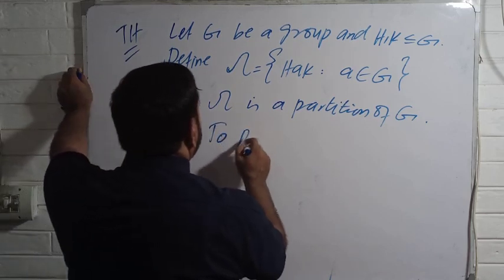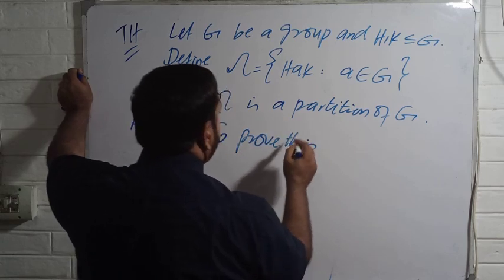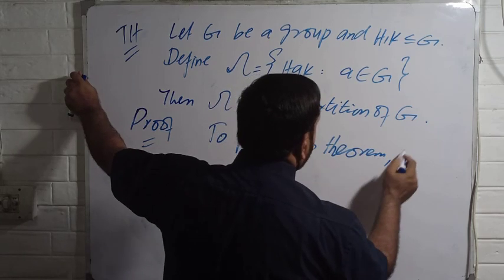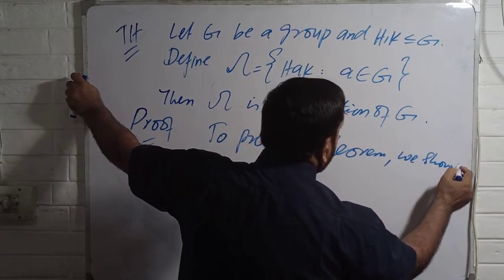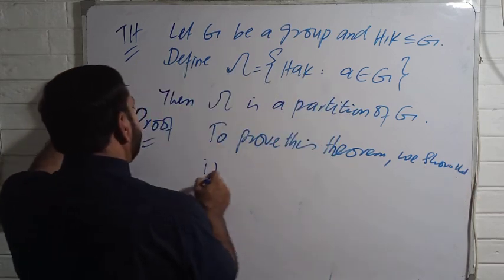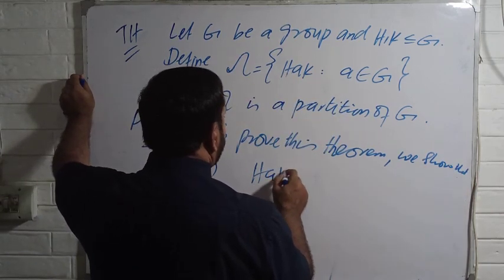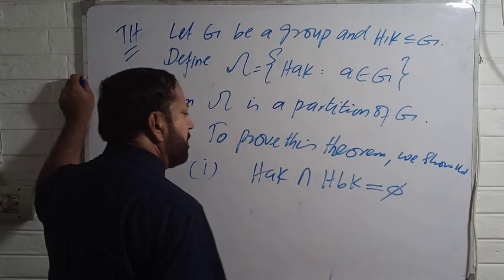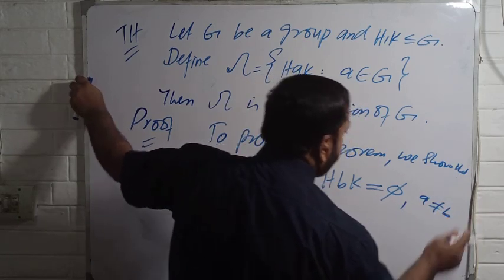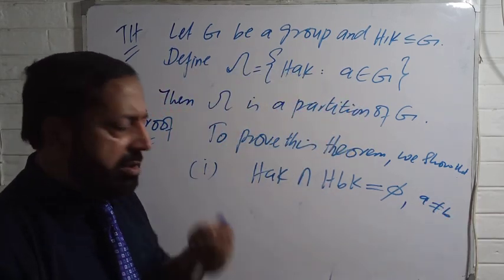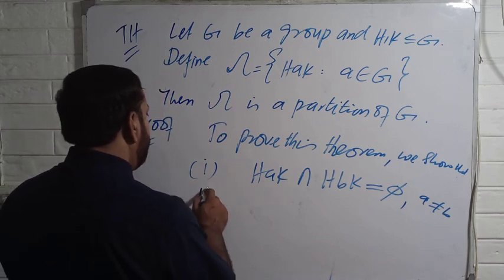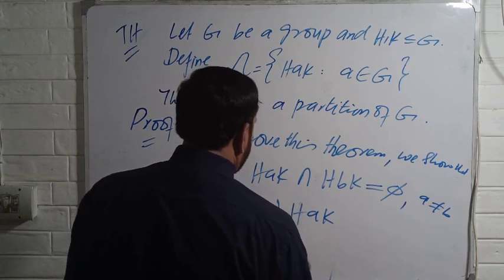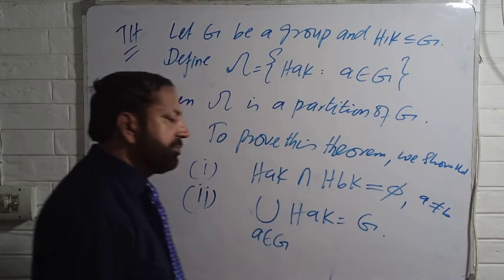To prove this theorem, we show that, number one, HAK intersection HBK is phi when A is not equal to B and A, B belong to G, which is also obvious. And secondly, you need to show that the union of HAK where A belongs to G is the entire G, right?